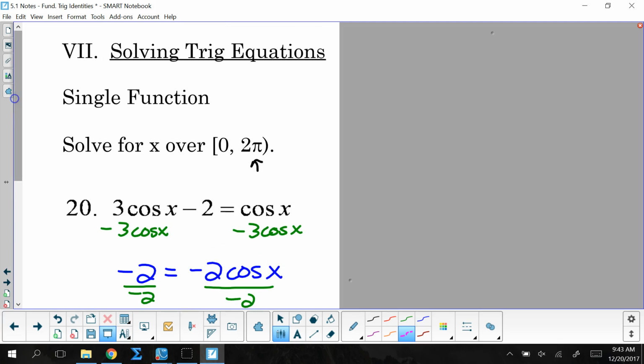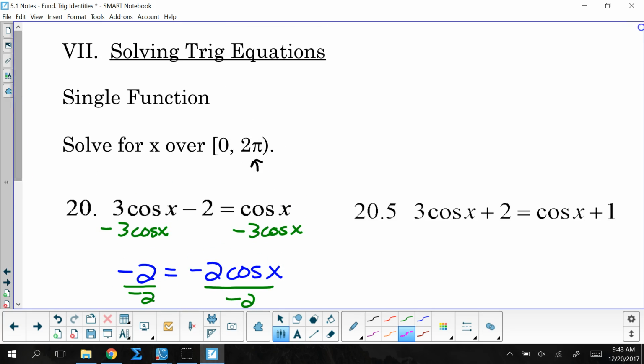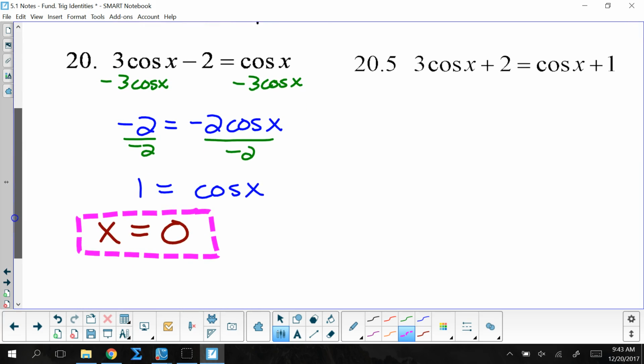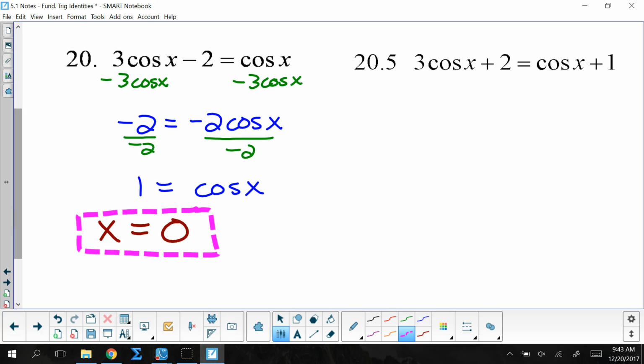All right. Let's try another one. 3 cosine of x plus 2 equals cosine of x plus 1. I would subtract cosine and 2 at the same time.